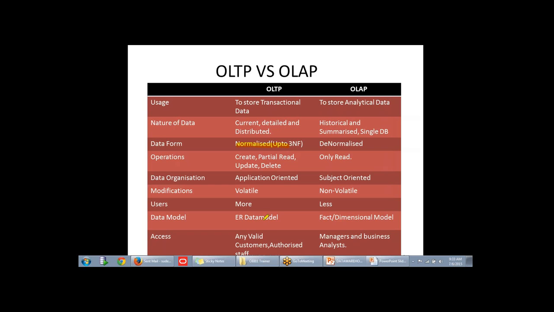And coming to the access part, OLTP data will be accessed by customers who have accounts with us, or our subscribers. Everyone can access their data from the OLTP system, whereas in OLAP only the managers or the team involved in business development will be accessing this OLAP data.